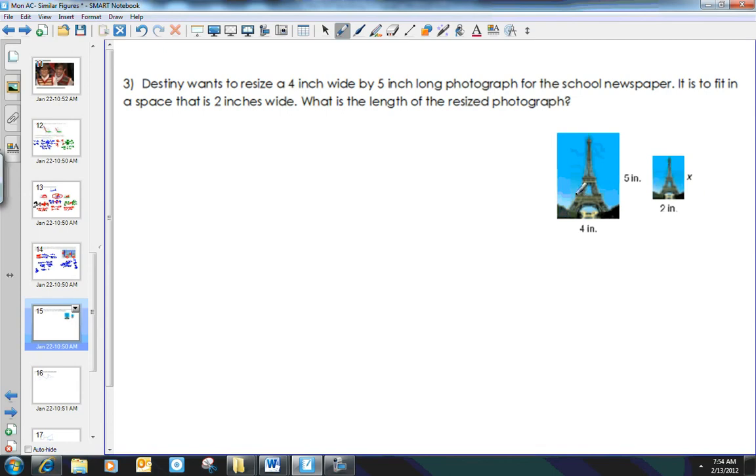Okay, if they look exactly the same, then you can decide what your proportion is going to be by drawing a plus sign. All right, and that might help you. And we'll talk more about that individually if you want to learn that method. So for this one, we're looking at the height of the first one is 5 inches.